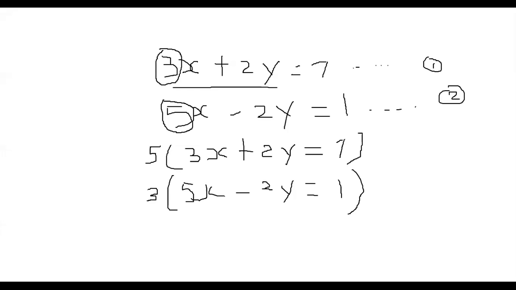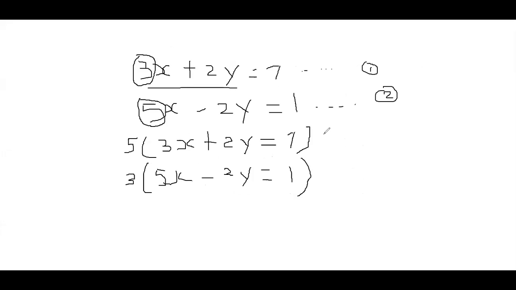So you're going to get 15x plus 10y equals 35.